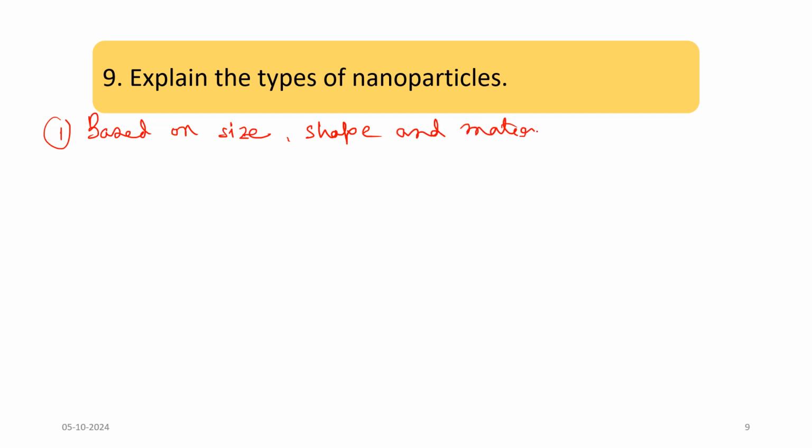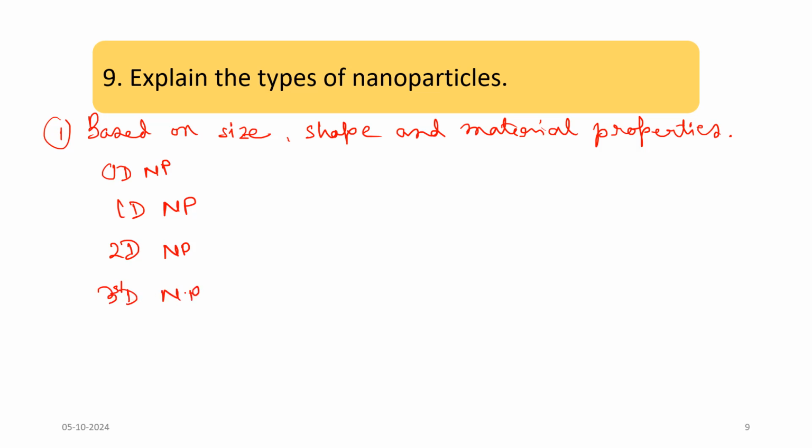Under this come different shapes, that is zero-dimensional nanoparticles, 1D nanoparticles, 2D nanoparticles, sheets, 3D nanoparticles, etc. Okay, so under 0D come quantum dots, fullerenes, and gold NPs, gold nanoparticles. Under 1D are carbon or metallic nanotubes.